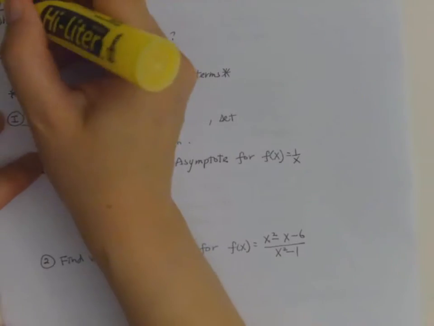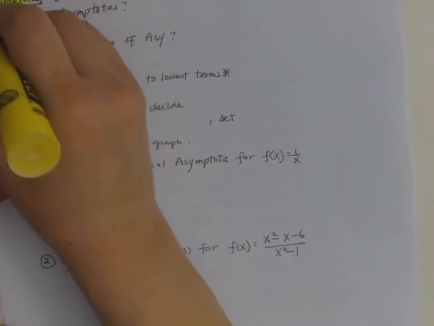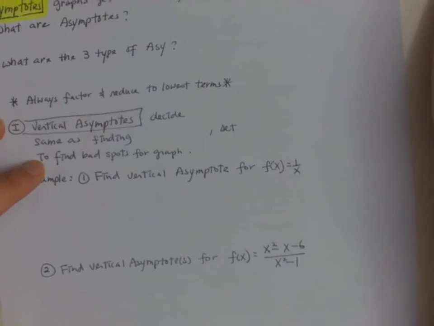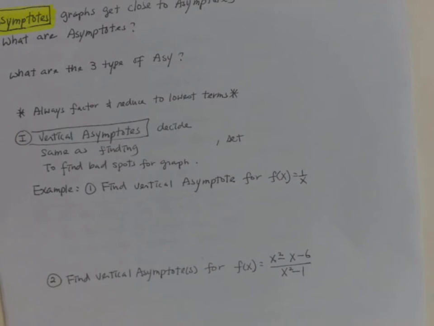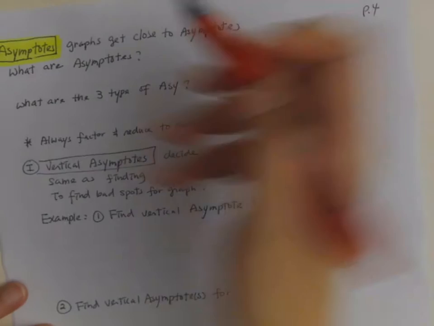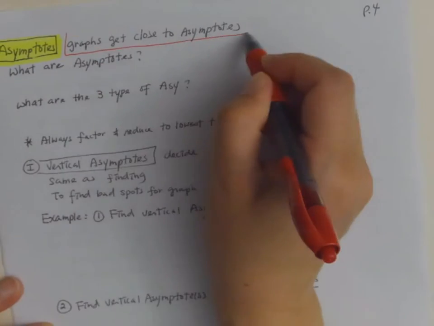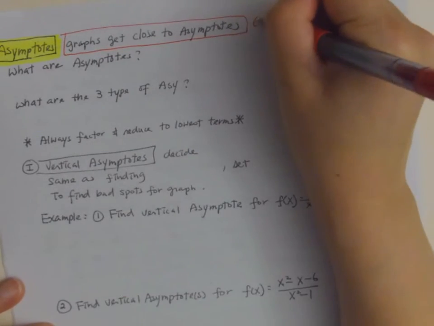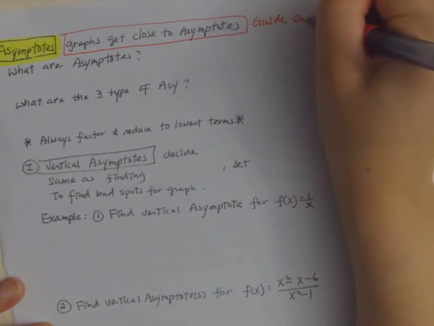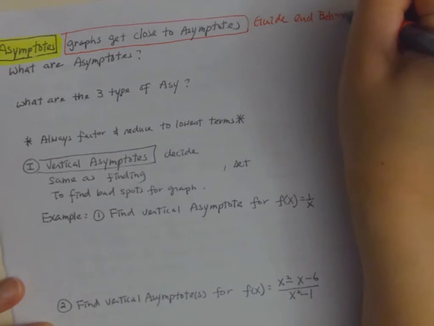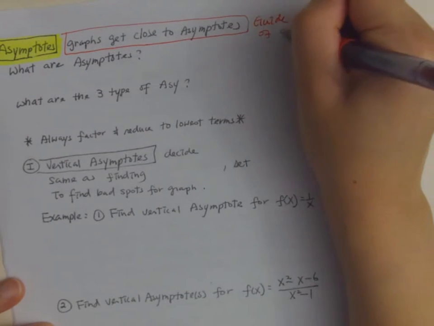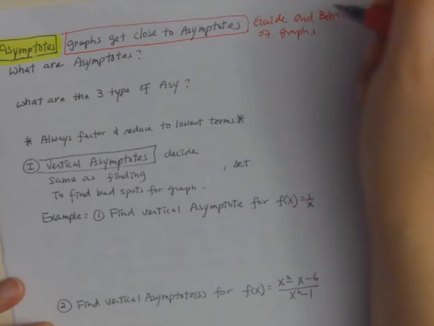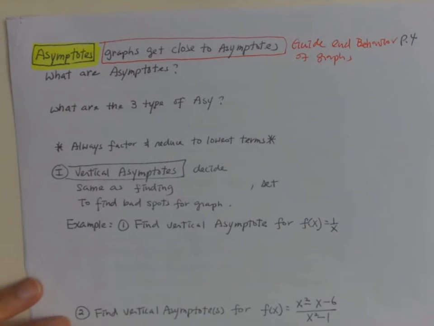On the exam, some of the questions may ask you to find the asymptotes. And first of all, what is an asymptote? An asymptote is something guiding the graph. The graph will get very close to the asymptotes, and it guides the end behavior of your graph. Okay, so what are asymptotes?